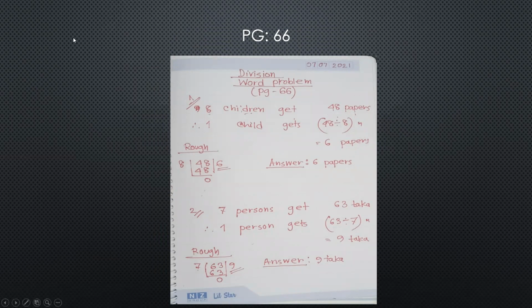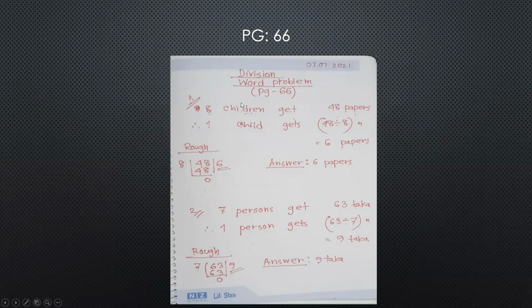And here many is given, you have to find the one, the small number. So when you see the given number is bigger than the number you are finding, that is going to be a division problem. You have to divide.